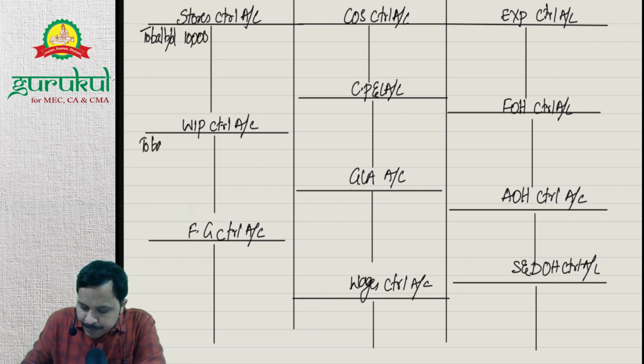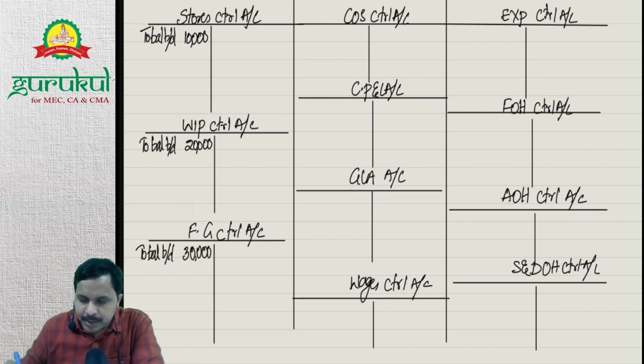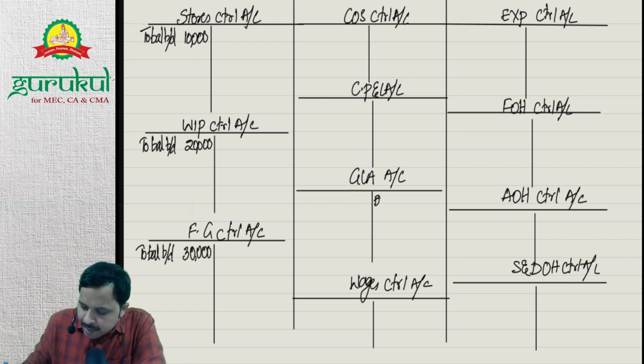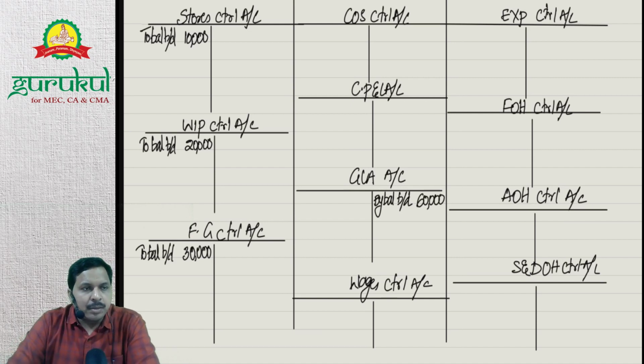Work in progress, balance brought down, some 20,000 rupees. Finished goods, balance brought down, 30,000 rupees. Some random numbers. And for these, they'll be giving us a GLA balance, balance brought down, some 60,000.